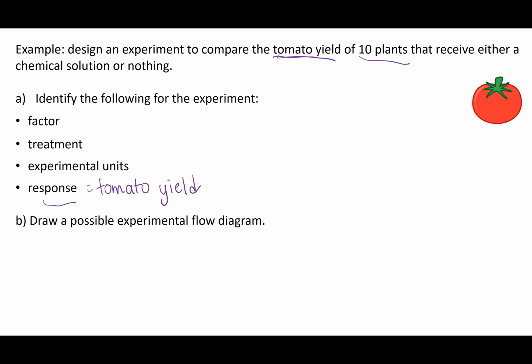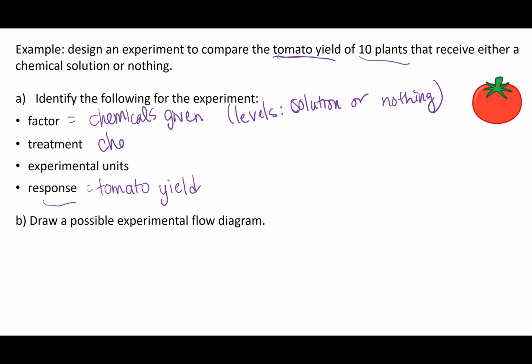Factor, so I have two groups. What makes them different is what they receive, their chemicals given. So the levels, and you could probably reword this slightly differently, it's going to be the solution that they're interested in or nothing. So there are two levels.